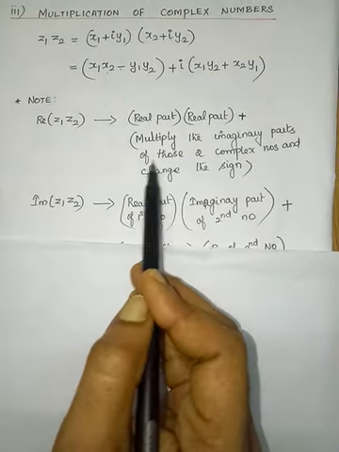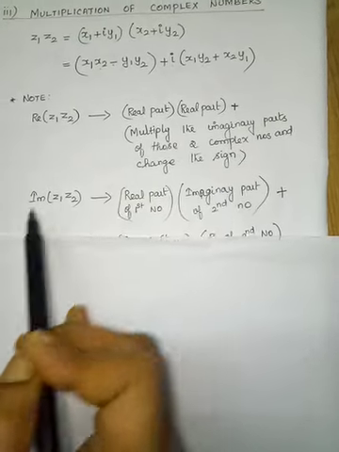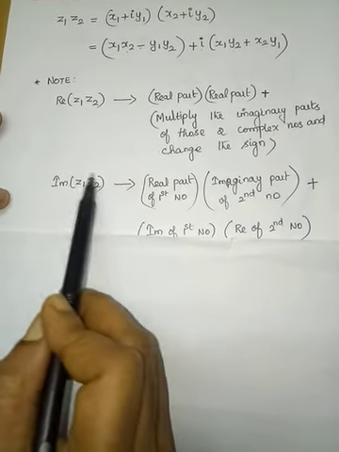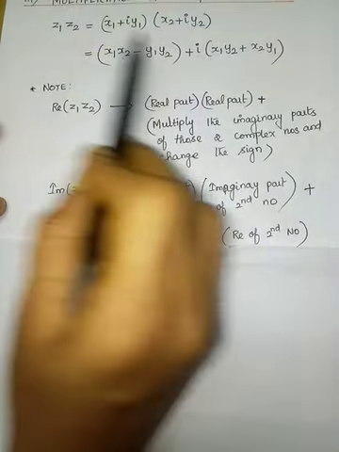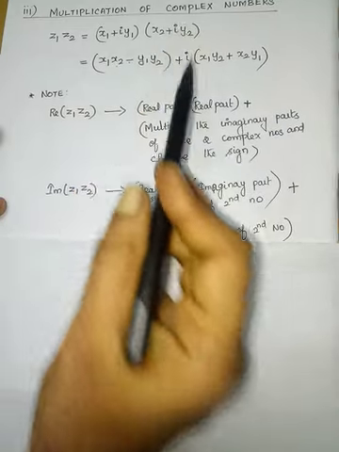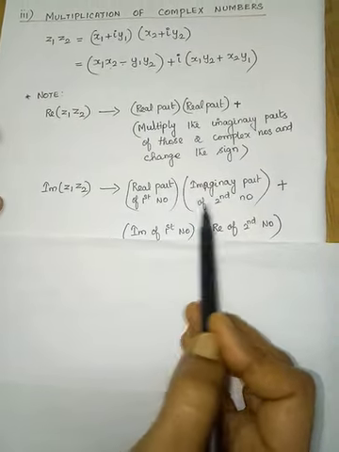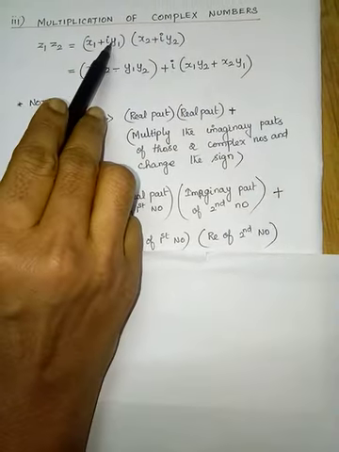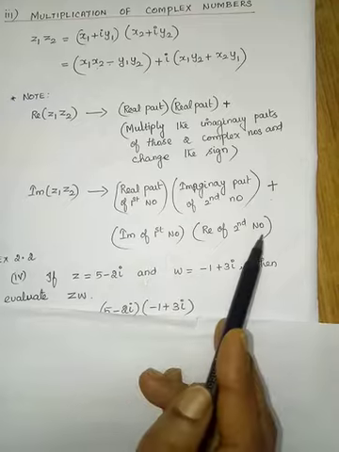Multiply the imaginary parts of those two complex numbers and change the sign. Next, you have to get the imaginary part of the multiplication of two complex numbers. The real part of the first number into the imaginary part of the second number, plus in the same way the imaginary part of the first number into the real part of the second number.